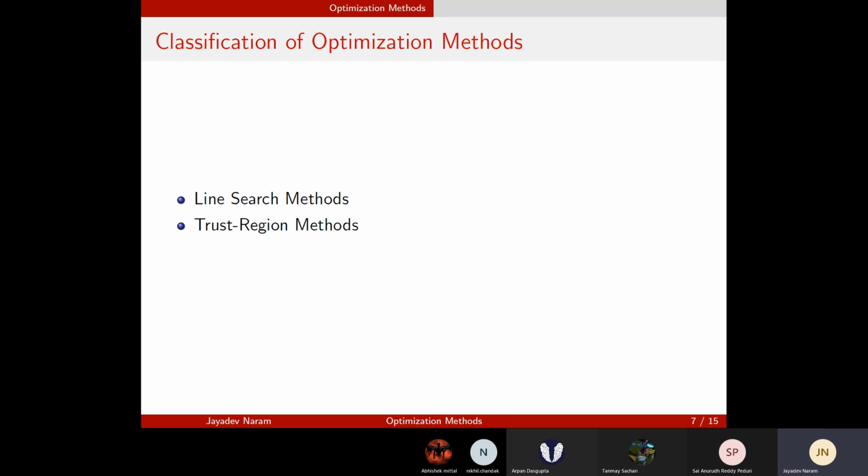We want an easier solvable optimization problem which approximates our original problem. I cannot explain it briefly, so we'll skip it for now. Our main focus from now on will be line search methods.